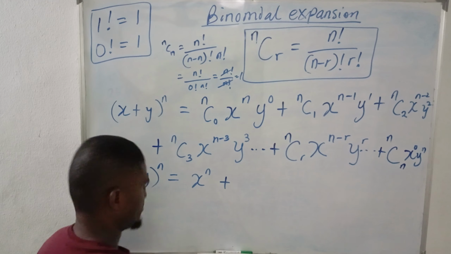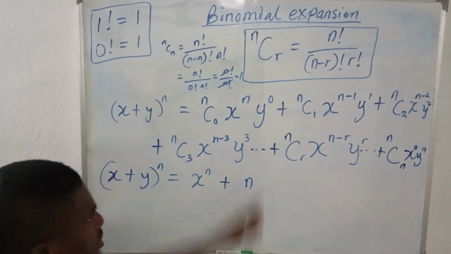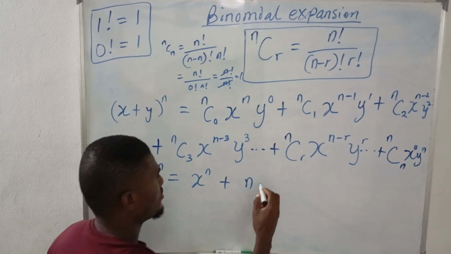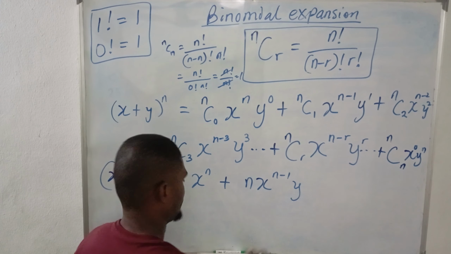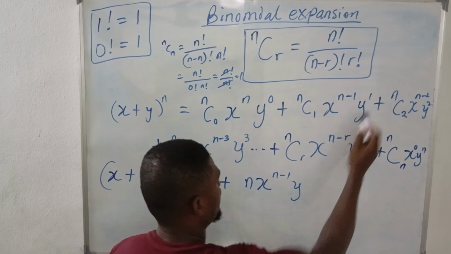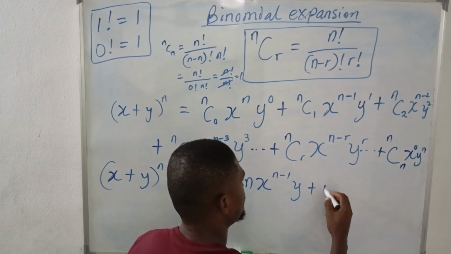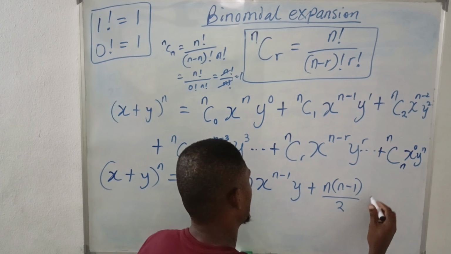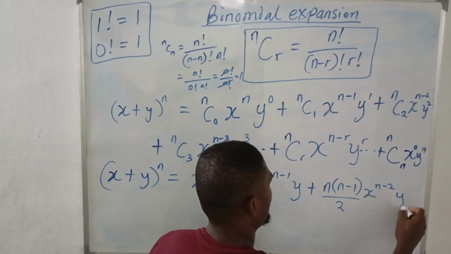N combination 1 was equal to n. So we have n multiplied to x raised to the power of n minus 1, y. Y raised to the power of 1 is y. Now n combination 2 was known to be n into n minus 1 divided by 2. And then we have x raised to the power of n minus 2 and y raised to the power of 2.